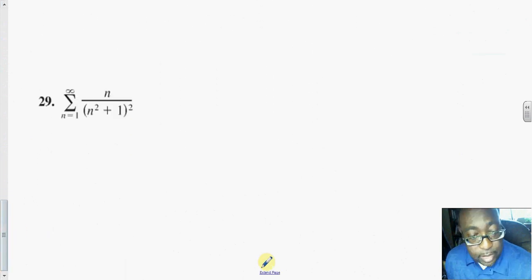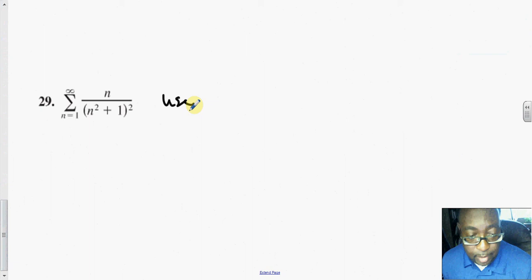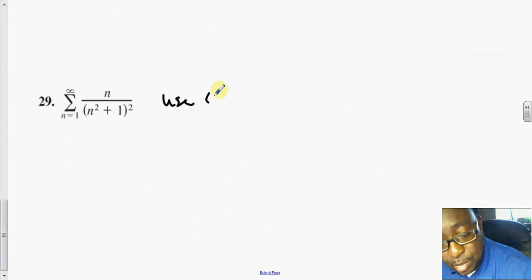Now let's look at this one. Here I will use again several of these tests that you can apply to just one problem. But since I hadn't used this yet, let's use the integral test.